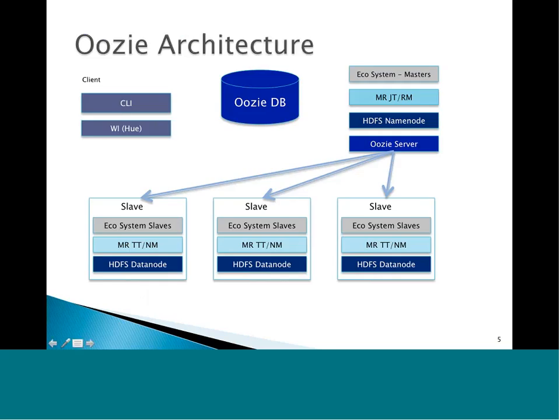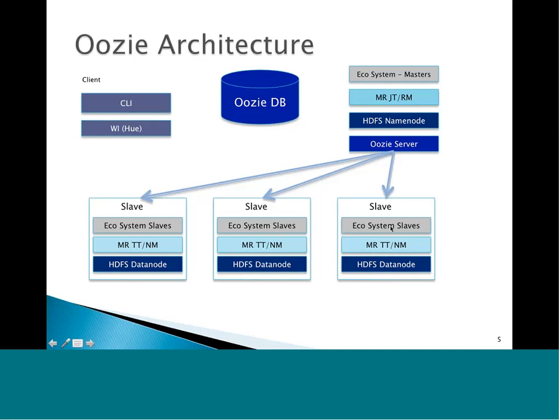This is the architecture of Oozie. It can support almost all the ecosystem tools. That's why we have HDFS at the bottom and then MapReduce. I am talking about the slaves. When it comes to slaves, the data node is the slave for HDFS. The node manager or a task tracker, depending upon the framework you have chosen for your MapReduce, is the slave for processing the job.